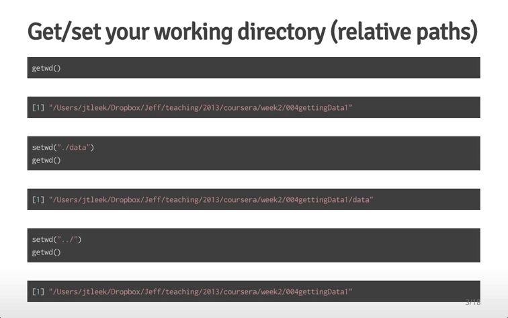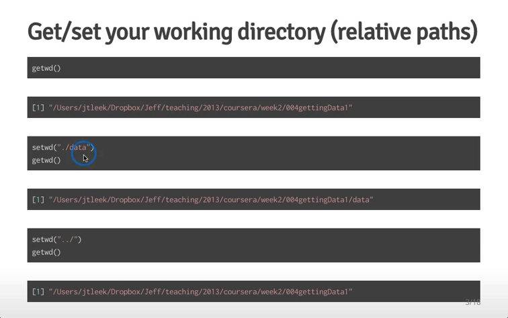An important component of setting paths, particularly for data analysis, is that there are two ways that you can set them. One is what's called relative paths. If I type getwd, I get the path of the folder that we're currently in, the gettingData1 directory. If I'd like to move down into the subdirectory data, I could type out the entire string, including a /data at the end, like we saw on the previous slide.